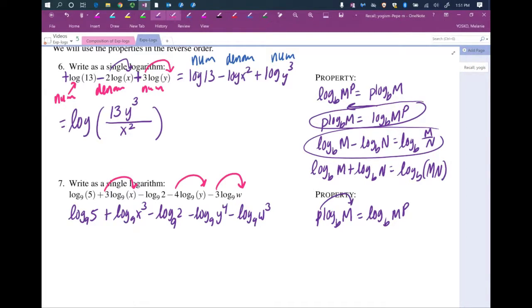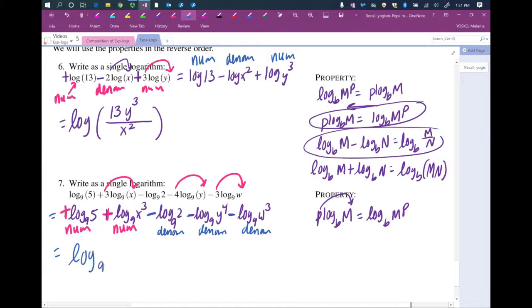Now we check our signs. Positive, so that goes in the numerator. Positive, that one goes in the numerator. Those are the only ones. Then we see we have a negative, so that one goes in the denominator. A negative, that one goes in the denominator. And a negative, that one goes in the denominator. All of the bases are 9. So this equals log base 9.